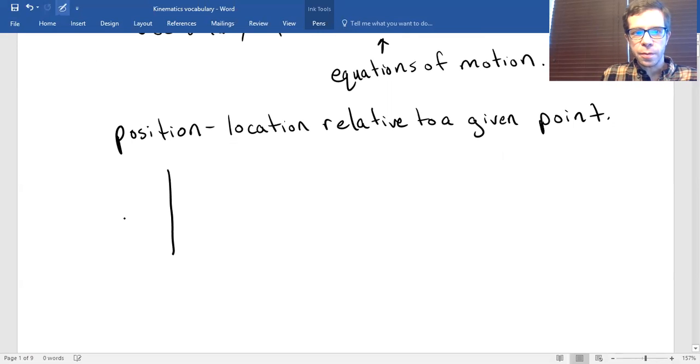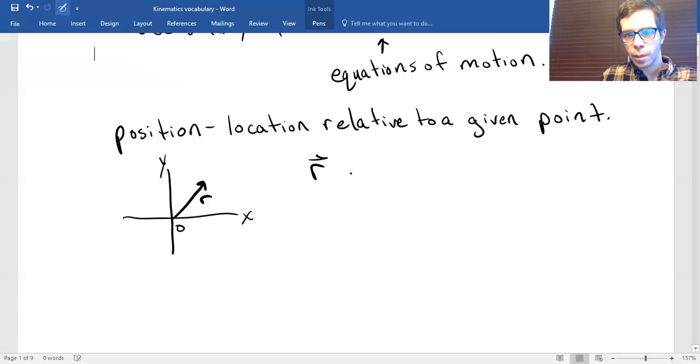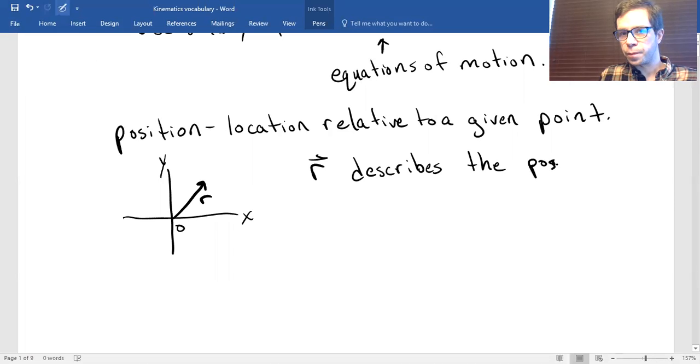So in general, we call the origin of our coordinate system our starting point. And then our position can be defined by a vector r that describes the position from the origin.